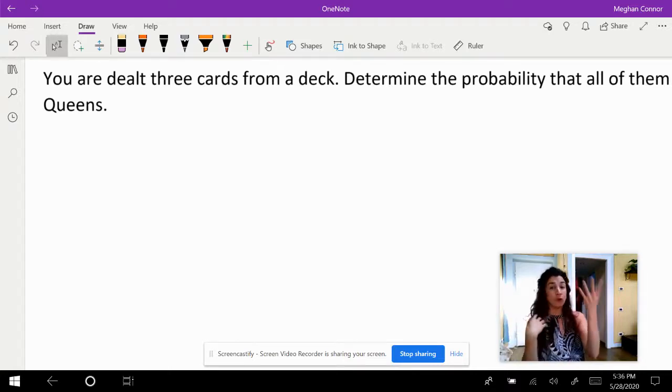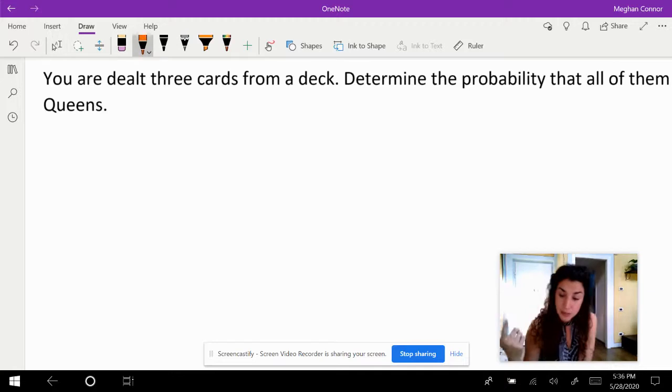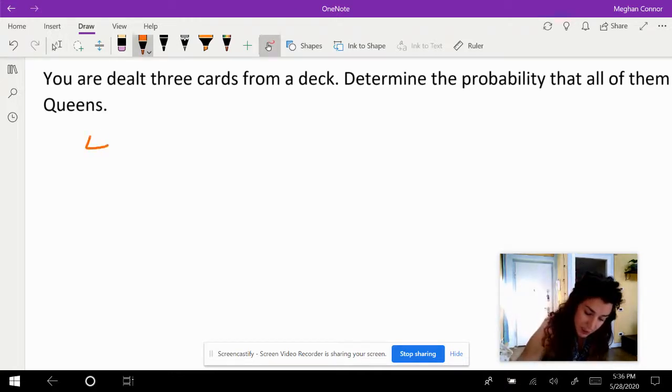And if we start with 4 queens and we want to know the probability that the first one was a queen, the second one was a queen, and the third one was a queen, we're also losing queens as we go down. So it's still multiplication, but we've got a possibility of 4 out of 52 queens.